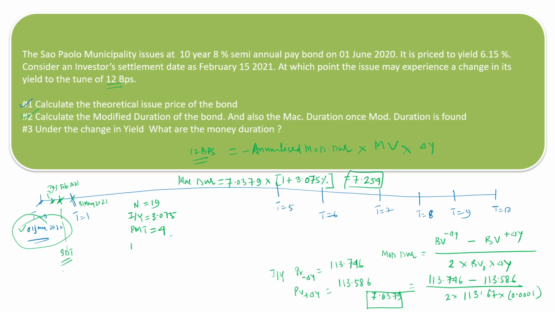Once we do this math, the present value of the security, the theoretical fair price, comes out to 113.16, and this is on December 31.